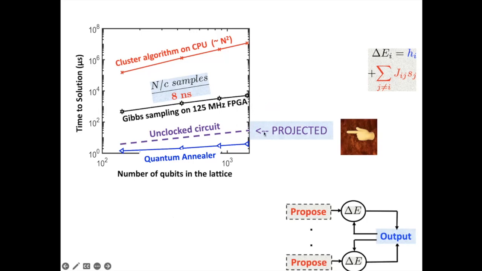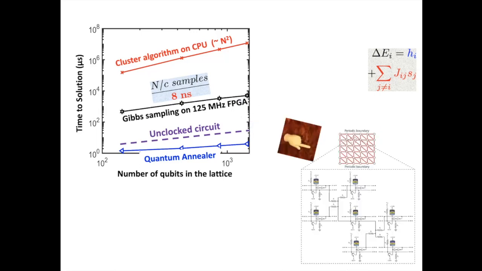Exactly how much is a projected thing, and I'll explain the basis of our projection. But there could be a significant improvement going from this digital clocked version to an unclocked version.